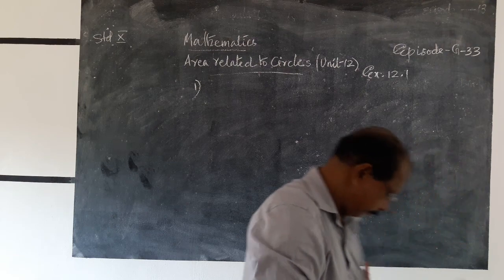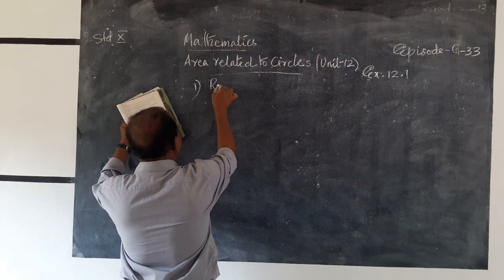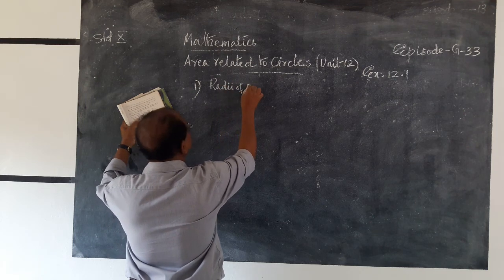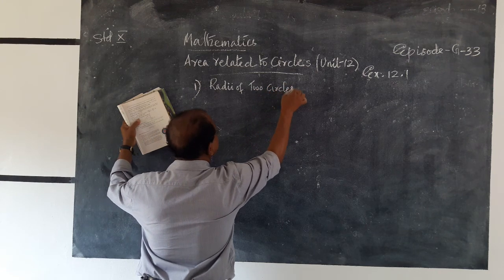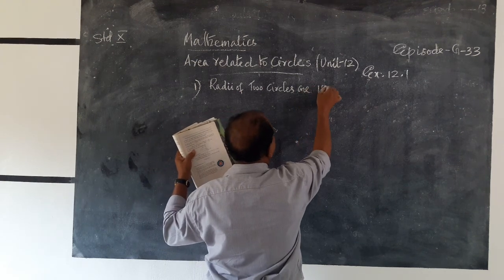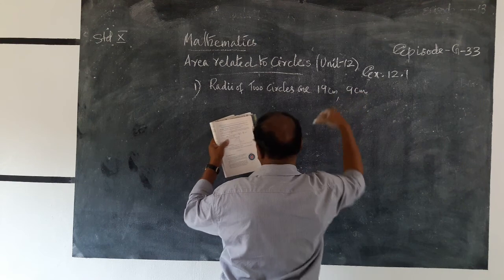Question number 1. The radii of two circles are 19 centimeter and 9 centimeter.